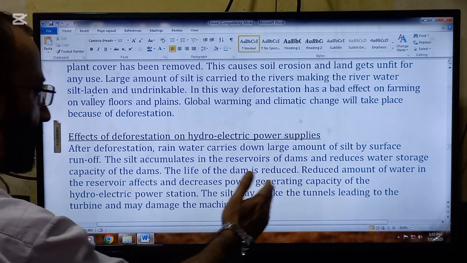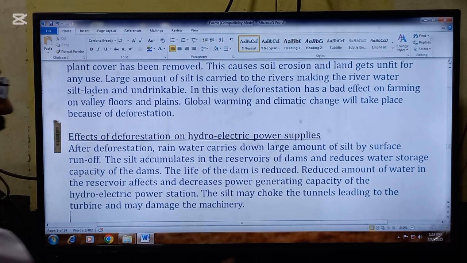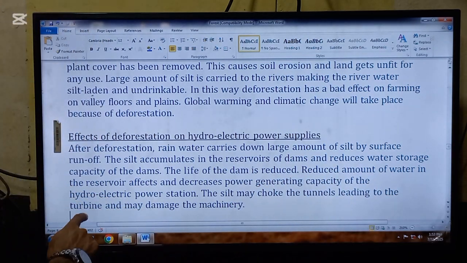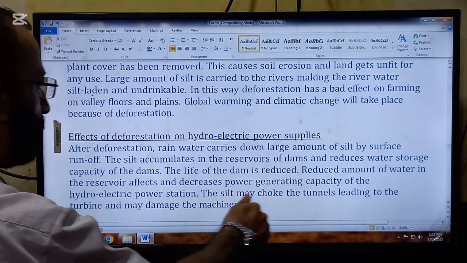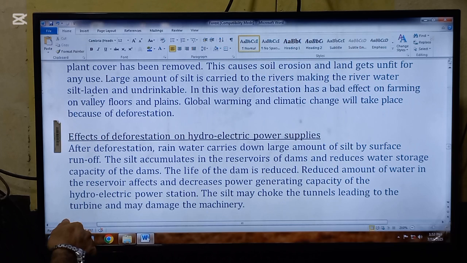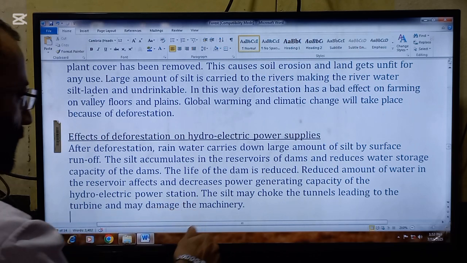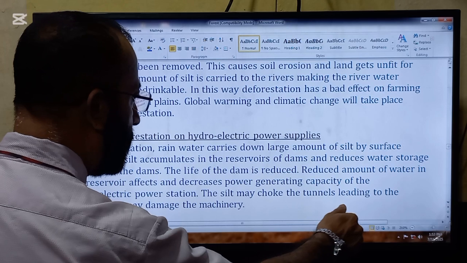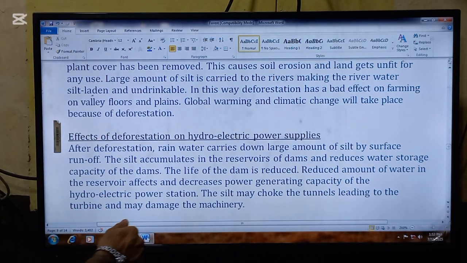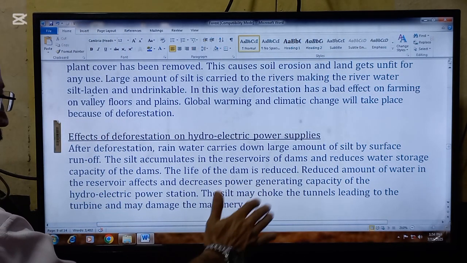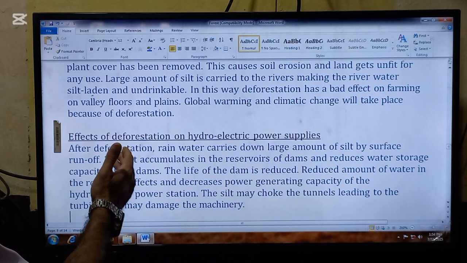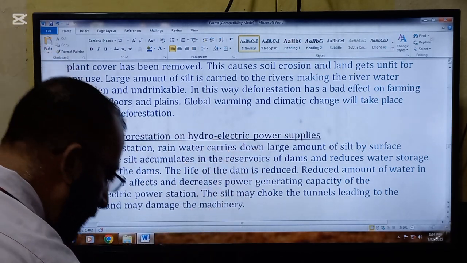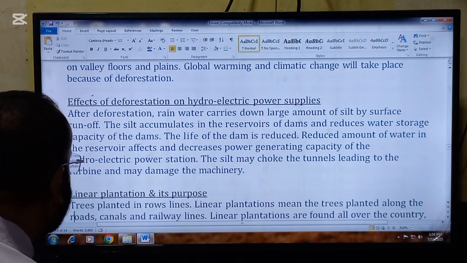The life of the dam is reduced. A reduced amount of water in the reservoir decreases the power generating capacity of the hydroelectric power stations. The silt may choke the tunnels leading to the turbines and may damage the machinery. So these are the effects of deforestation on hydroelectric power supplies.